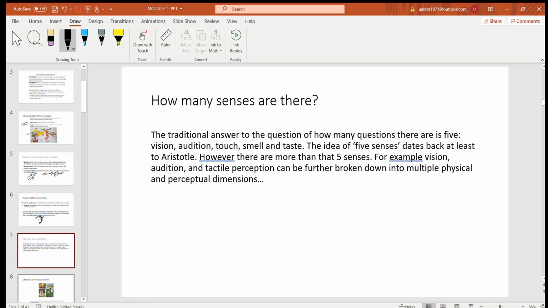How many senses are there? As I mentioned, commonly people say that there are 5 senses, and those are very common: vision or sight, audition or hearing, olfaction or smell, gustation or taste. Those 4 belong to special senses.